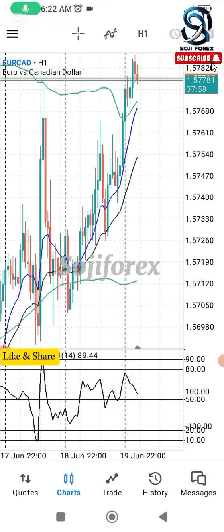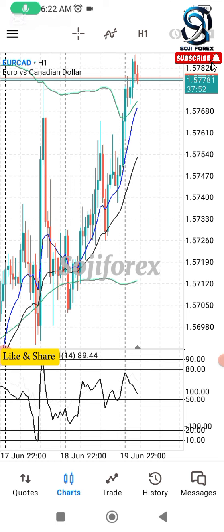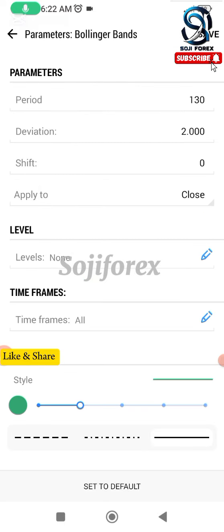And so, how exactly will you be using this particular strategy to get your entry? You are very much lucky, and this is the best indicator for your buy and sell signal. I am referring to the Bollinger Band, and the period is 130, deviation is 2.0, the shift is 0.